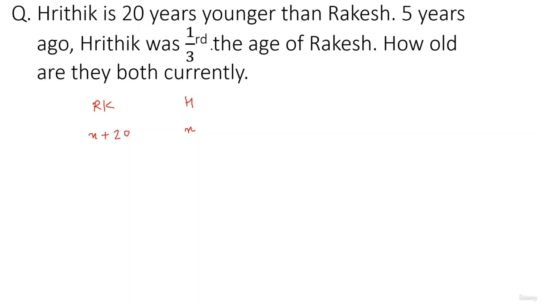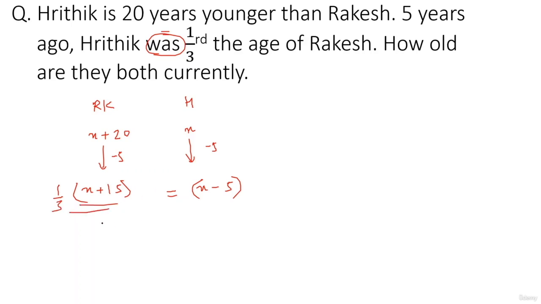Okay. Now, 5 years ago means, guys, both of their ages will be reduced by 5, isn't it? So 5 years ago, Rakesh's age was X plus 15, right? And 5 years ago, Ritik's age was X minus 5. So it is given that 5 years ago, Ritik was 1/3 the age of Rakesh, right?